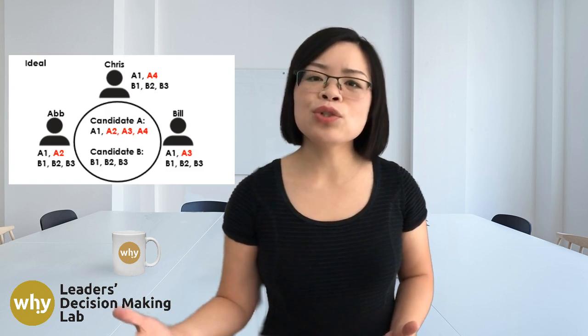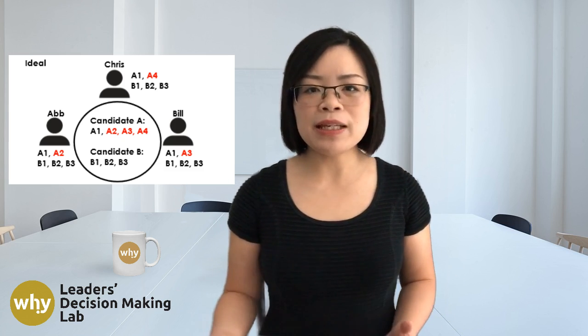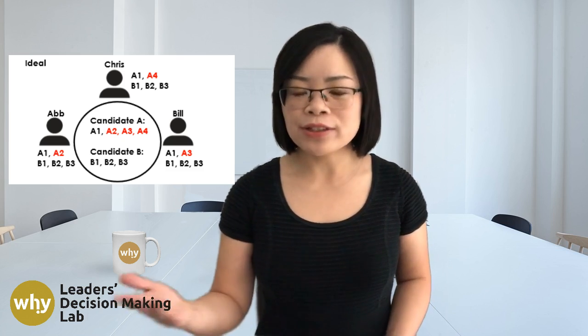When a group fails to discuss the information that is most useful to a decision, the quality of group decisions suffers. Consider a team that needs to choose between two candidates, candidate A and candidate B. The team has 3 members, Abby, Bill, and Chris.